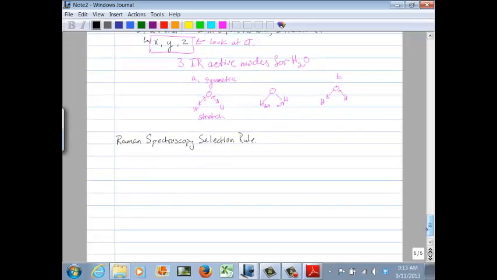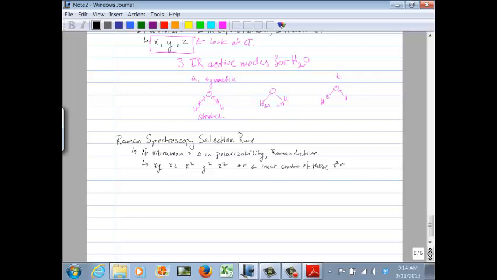Now, Raman selection rule. If a vibration can result in a change in polarizability, it's Raman active. We can see this from our character table because it corresponds to any of the binary products. So we will see xy, xz, x squared, y squared, z squared, or a linear combination of these, in other words, like x squared plus y squared, or x squared minus y squared.